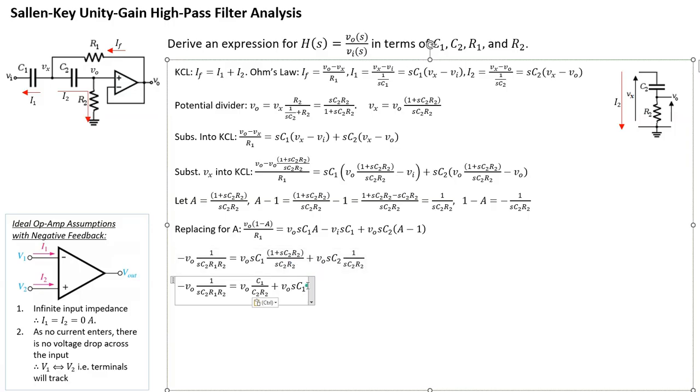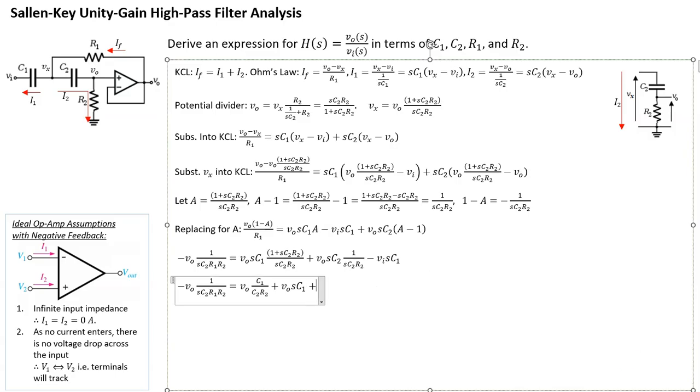Sorry, I think I forgot the VI term here. So let me just add that VI term. All right, so let's continue. This one splits into that one. Now we just continue on.